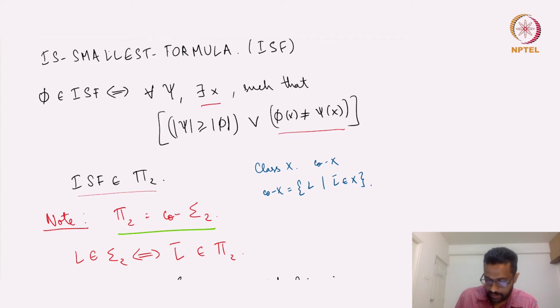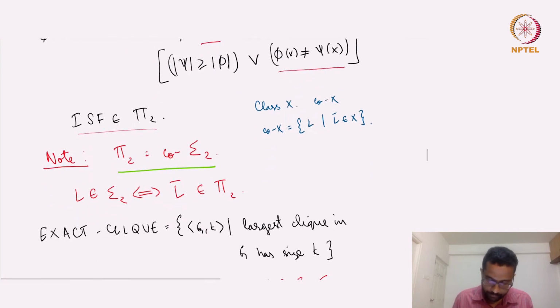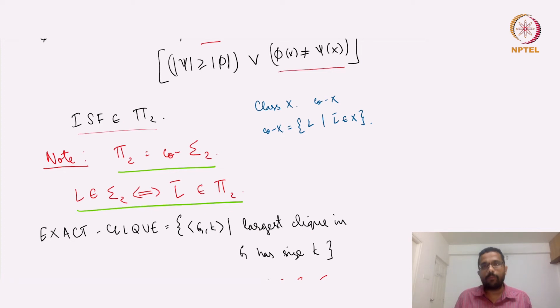And what I am saying here is, in this sense, pi 2 is co-sigma 2 and sigma 2 is co-pi 2. This is again a caution: co-X does not mean the complement of X. What I mean here is that L is in sigma 2 if and only if L complement is in pi 2.